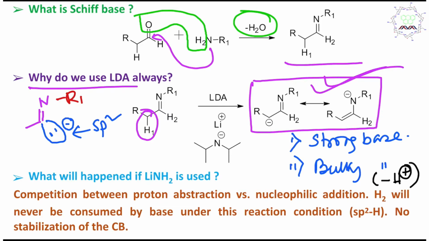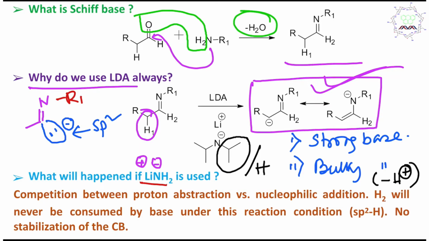Now third question: what happens if we use lithium amide instead of LDA? If you look at the difference between lithium amide and lithium diisopropylamide, these two isopropyl groups are replaced with hydrogen. This is the simple thing. It's also an ionic compound, meaning this is N minus, lithium plus.